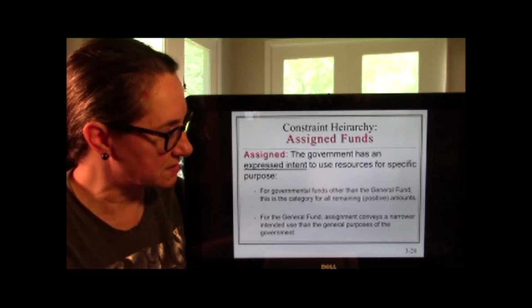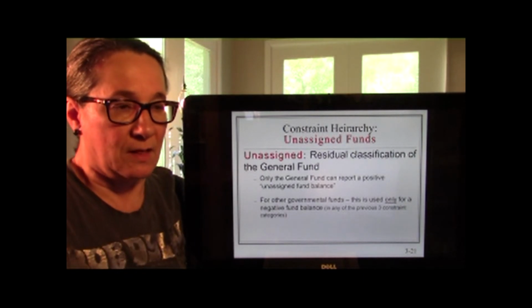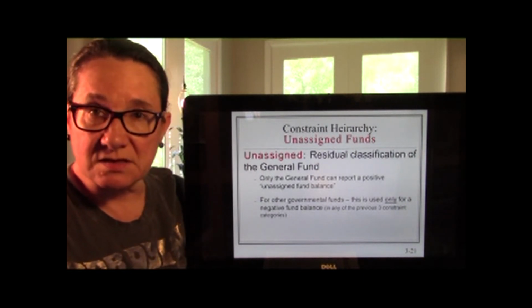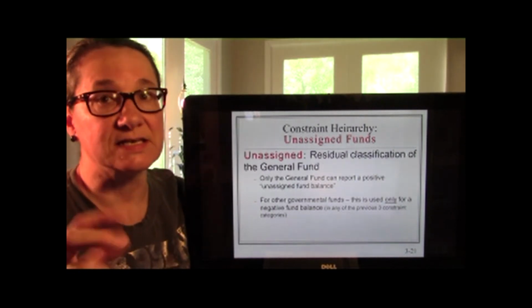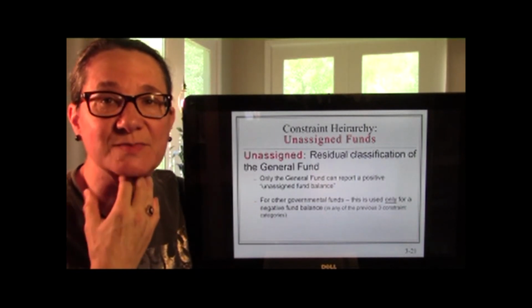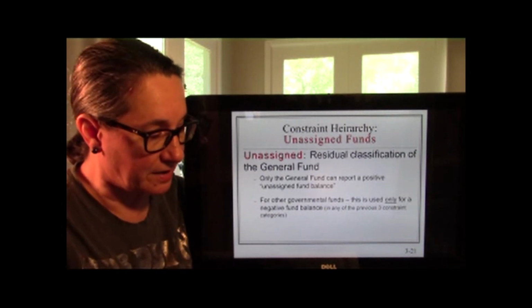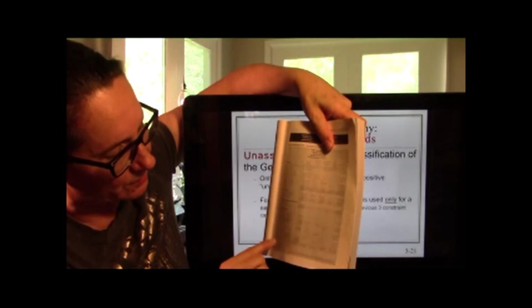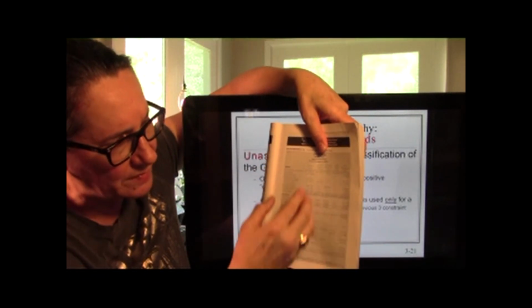And then, of course, unassigned, just like it sounds. That's where the leftover balance is. So we've got this money in this fund, or assets in the fund, I guess I should say, but if it's spendable, it's cash. So we've got this cash in the fund, but it can only be in the general fund, right? Remember, I said if it's in one of these other funds, well, they have a purpose.